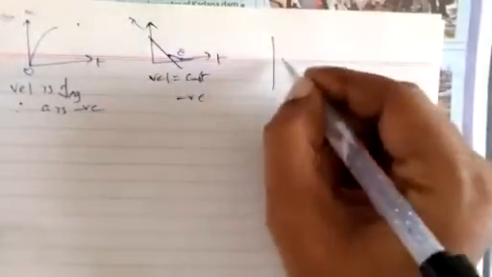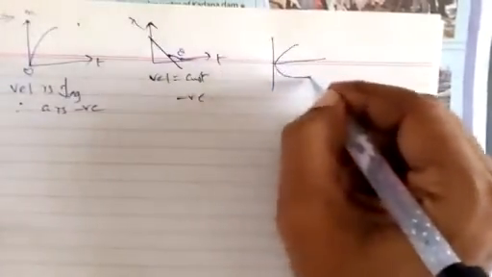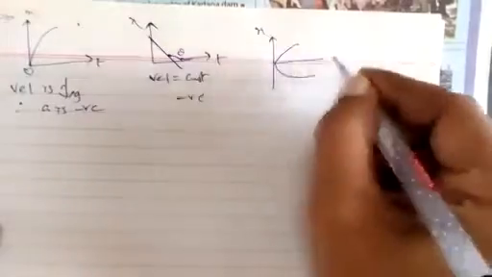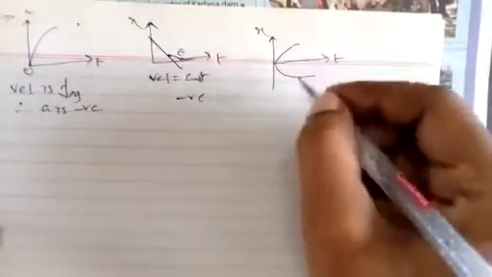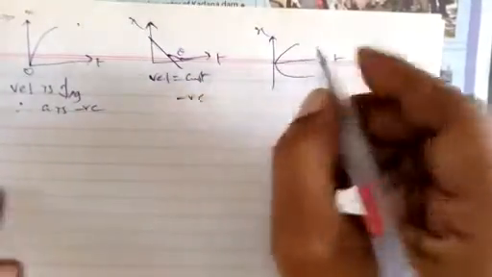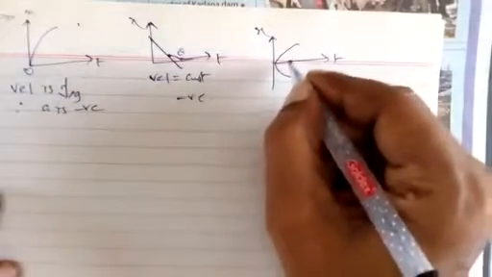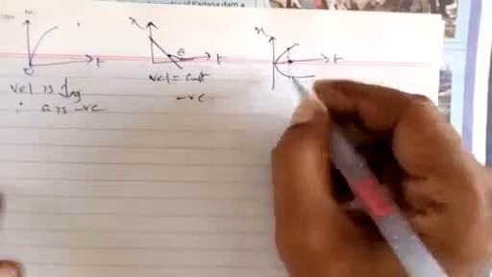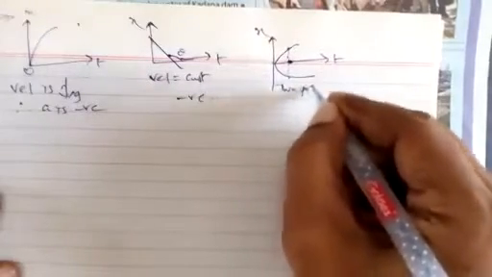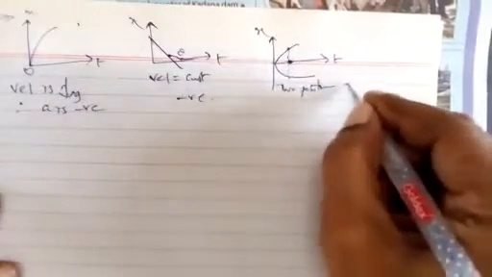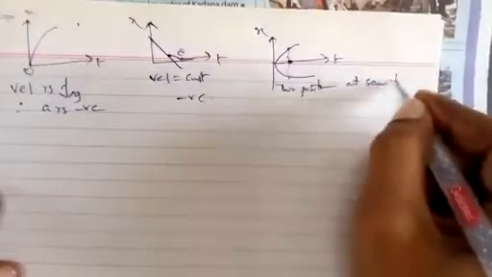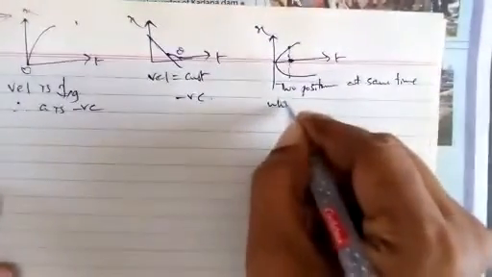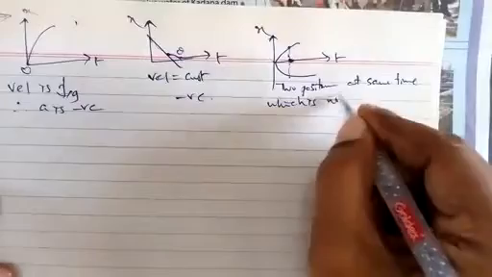One more, suppose it is like this. This is x and this one is t. See, at one time, here is a position, and at the same time, here is another position. It has two positions at the same time, which is not possible.